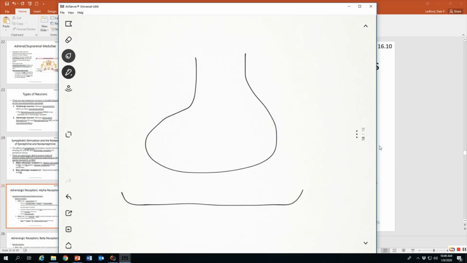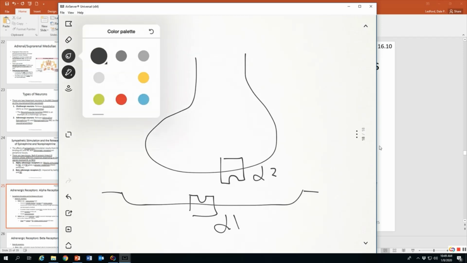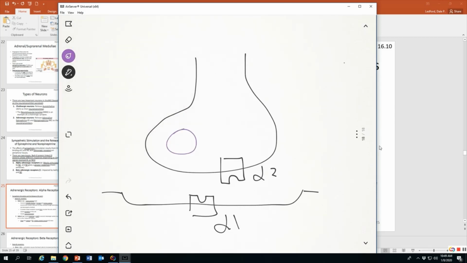With alpha 2, let's say I have a cell here that's wanting to respond. Let's say I have alpha 1 here on this cell. Alpha 2 would be here.